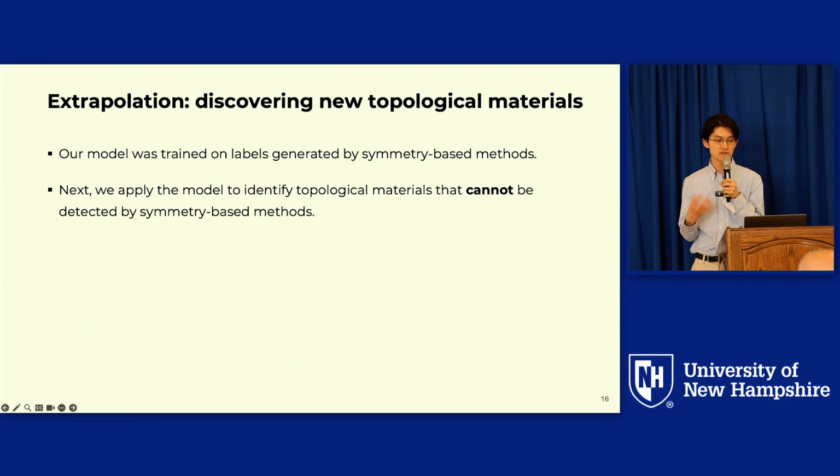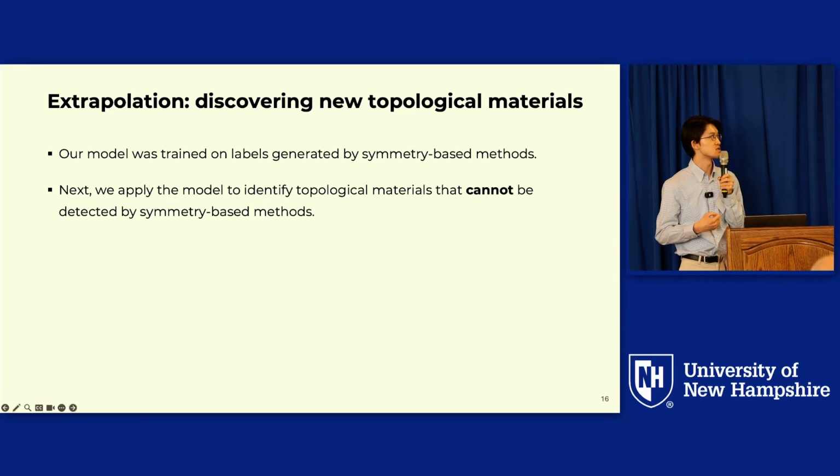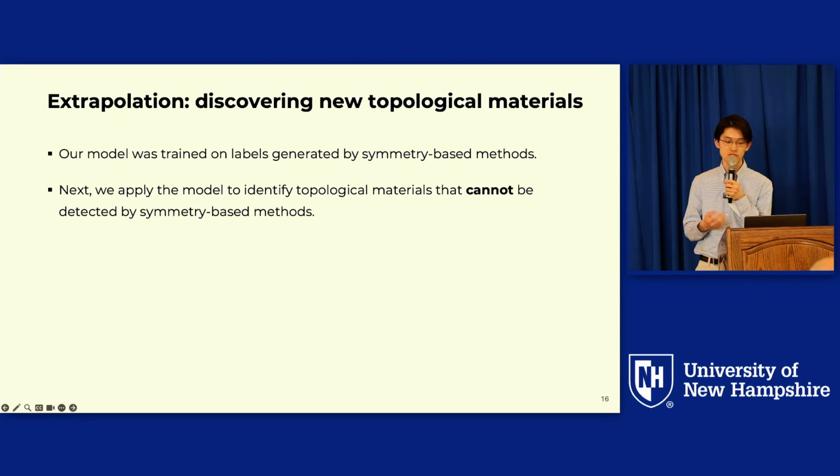And as I flagged some number of slides ago, our model was trained on labels that were generated by these symmetry-based methods. And the next thing we want to do is just see if we can go beyond that and apply this model to identify topological materials that cannot be detected by symmetry-based methods.